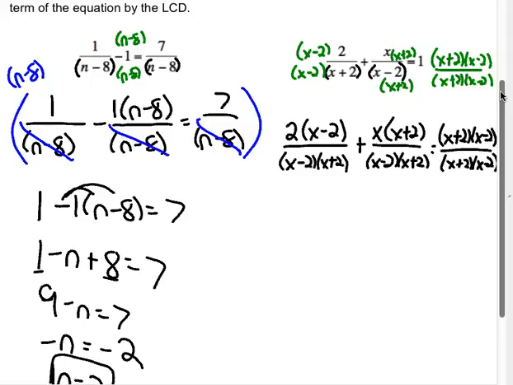Now notice those common denominators, if I multiply both sides by it, it cancels absolutely everywhere. That's kind of the power of finding the common denominators: I can multiply both sides by it and it's completely gone. So now all I have to worry about is simplifying the tops.